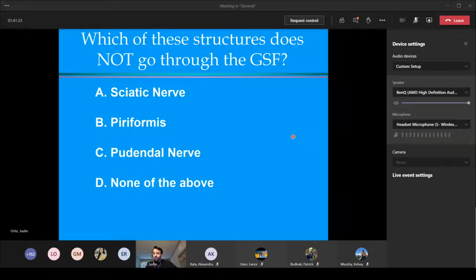Okay, so which of these structures do not go through the greater sciatic foramen? A, B, C, or D? You're all going to be pros about which ones go through the sciatic foramens by the end of this lecture.